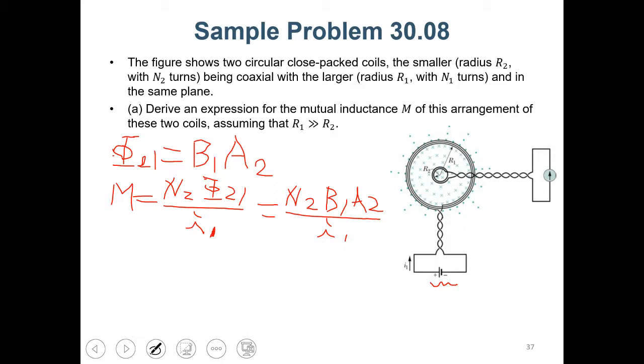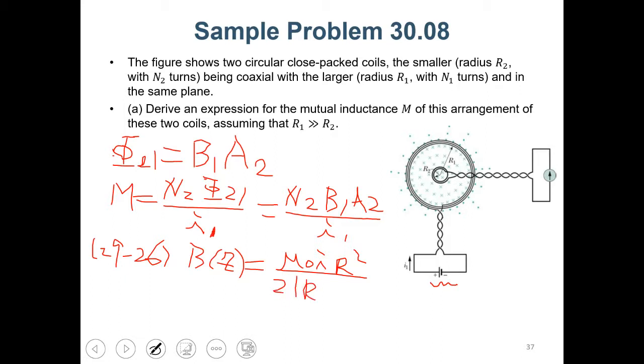And for equation 29.26, we have Bz equals mu 0 I R squared over 2 times (R squared plus z squared) to the 3 over 2 power, at z equals 0. The z axis is perpendicular to this plane, something like this.